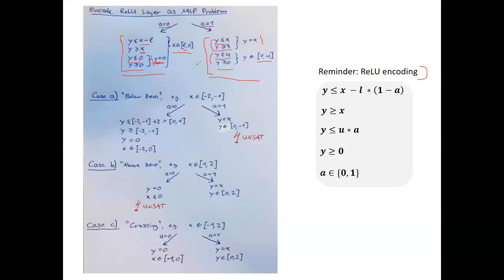Okay. So I hope this gives you a little bit of intuition. Just to get even more intuition, let's look at an example for the different cases. Let's look at the first case, below 0, where the neuron x, the input to the ReLU, is in some negative range, -2 to -1.